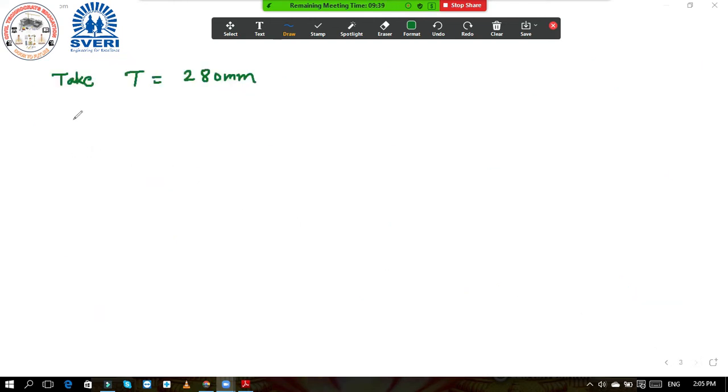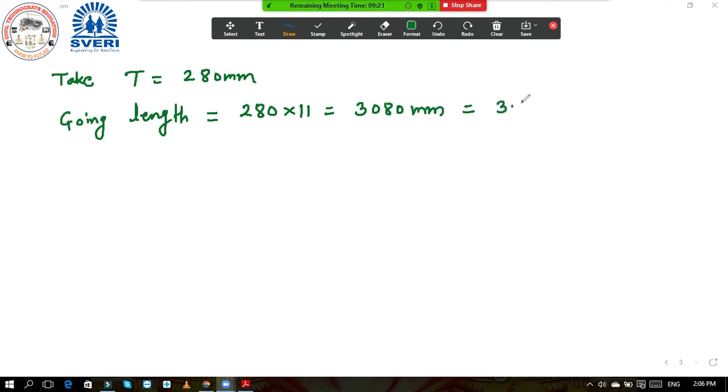So here I can write going length, that is the step length, which is equal to 280 into 11, which is equal to 3080 mm. This is nothing but 3.08 meter.